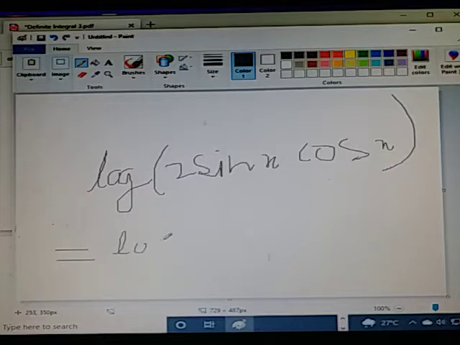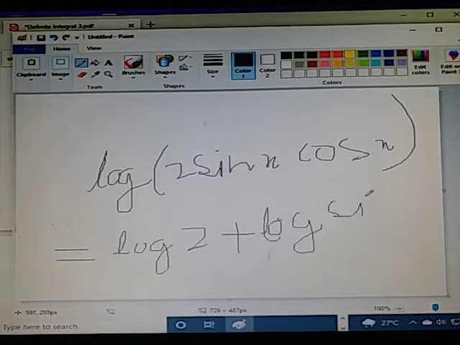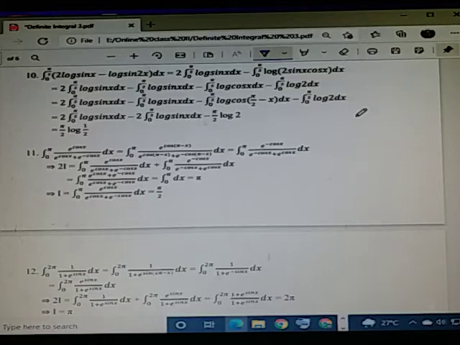So it is log 2 plus, so product is sum, log sin x plus log cos x. So limits are same, and this one is log of AB. So log this, log this, log this, then this is minus.